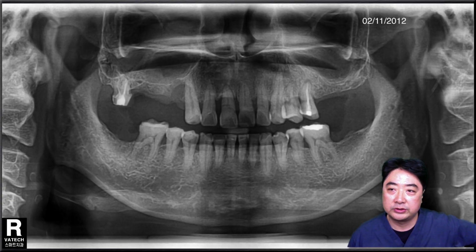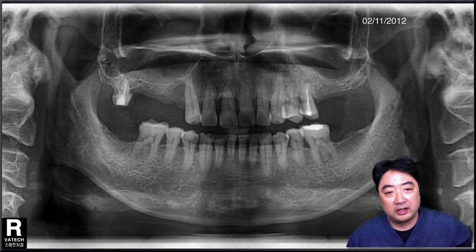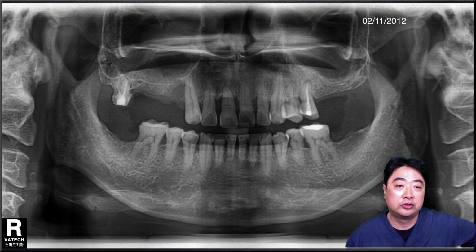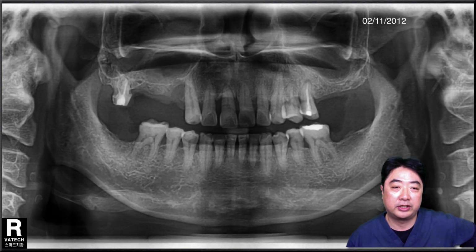Well, a 52-year-old male patient has a lot of things to do because he has many missing teeth and mobility on number 11 in the front tooth. But I want to focus today on this right posterior maxillary area.